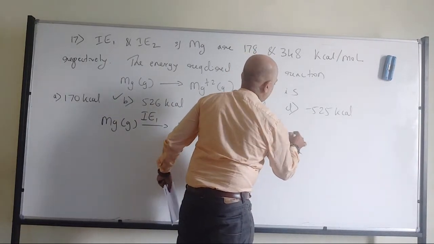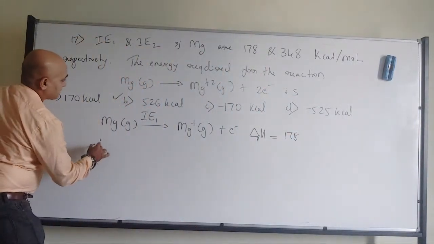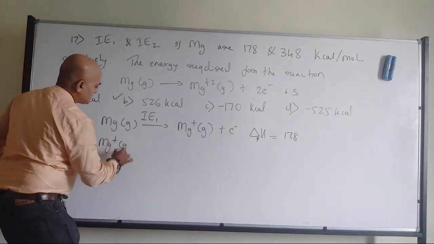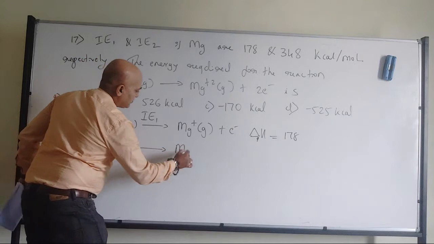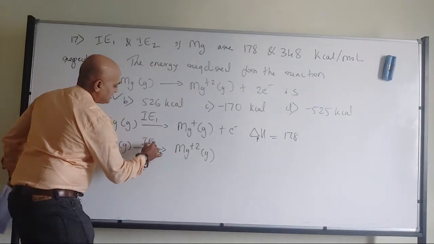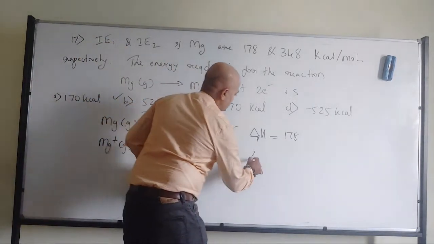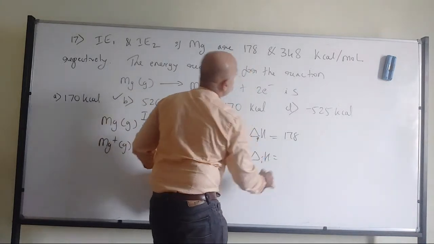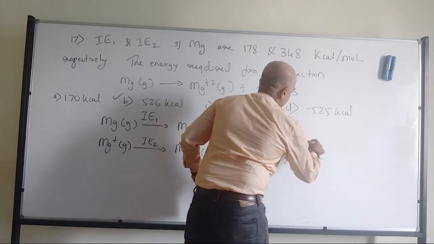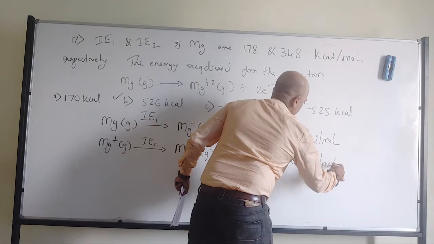They have given 178. Right? So next one, magnesium ion will get converted into magnesium plus 2. So that is ionization enthalpy 2, right? So another electron. So what is the ionization enthalpy value? That is 348 kilocalories per mole, right? Kilocalories per mole.